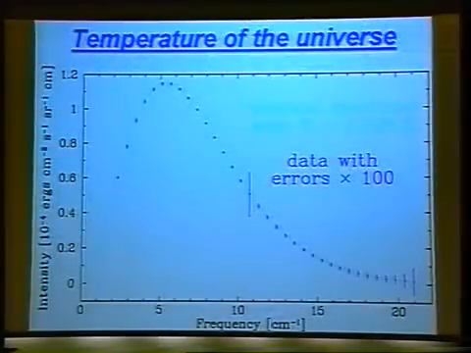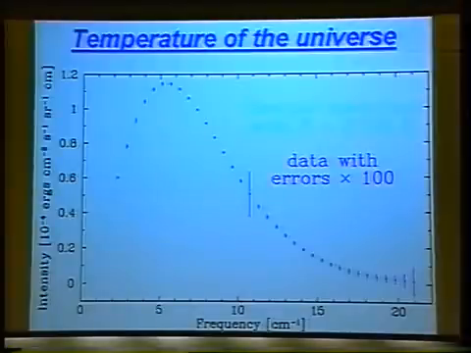Another cosmological parameter is the present temperature of the universe, and that is very well determined by the Cosmic Background Explorer satellite. This satellite measured the black body spectrum of the radiation, and these are the results of their experiment, and the error bars here have been blown up by a factor of 100.